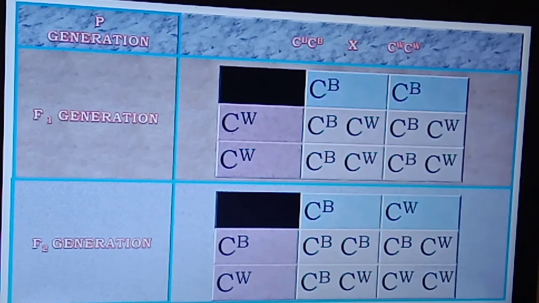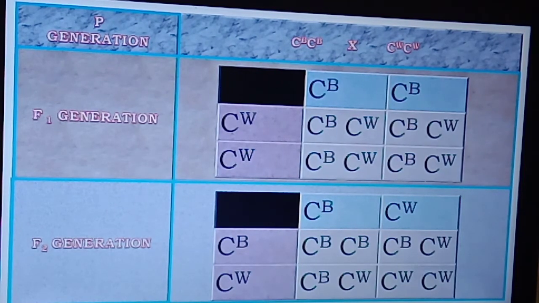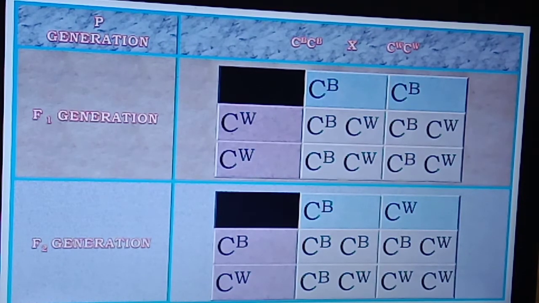In the F2 generation, they will have offspring with black, blue, and white. So the phenotypic ratio in the F1 generation is 4:4 or 100% all blue chickens. And the genotypic ratio in the F1 generation is 4:4 CB CW or blue.